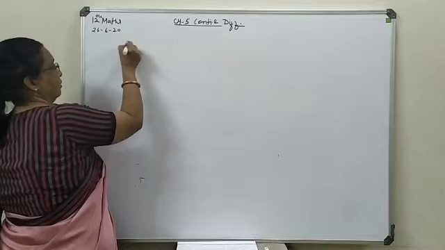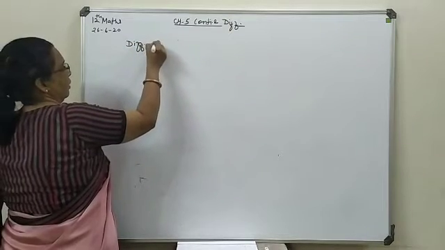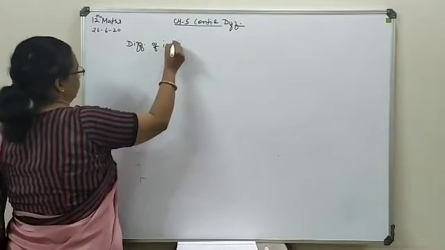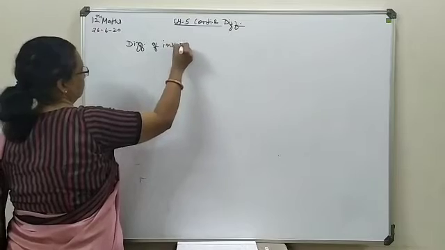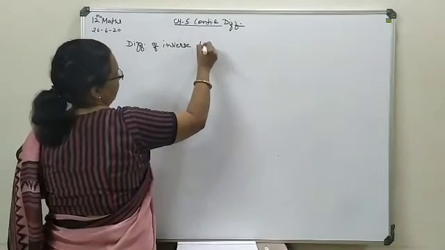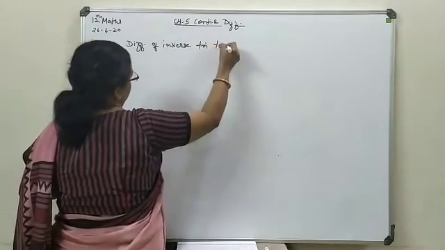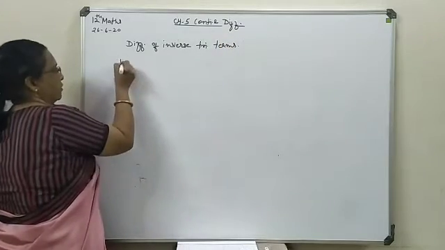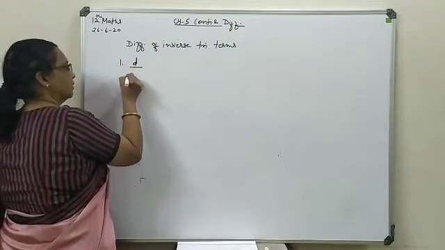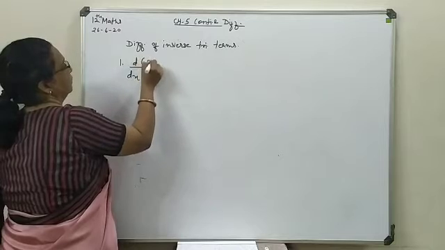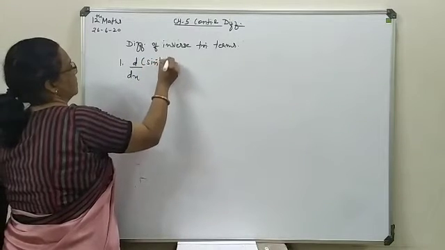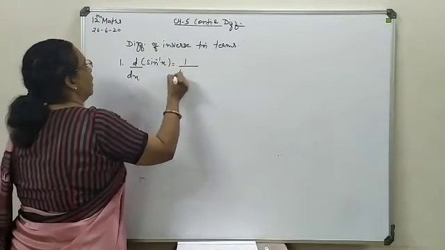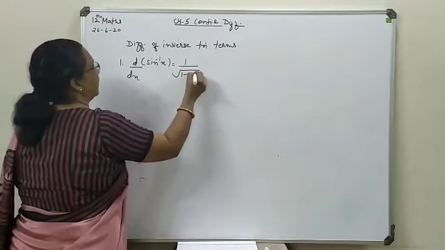So differentiation of inverse trigonometrical terms. First of all, the basic one, the derivative of sine inverse x will be 1 upon under root 1 minus x square.